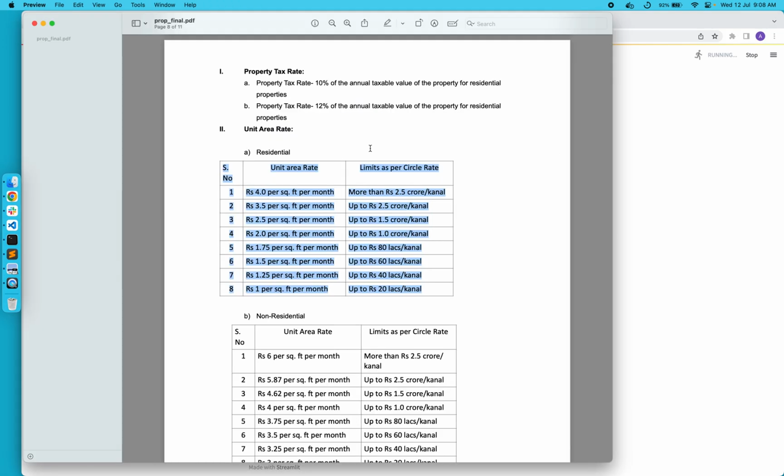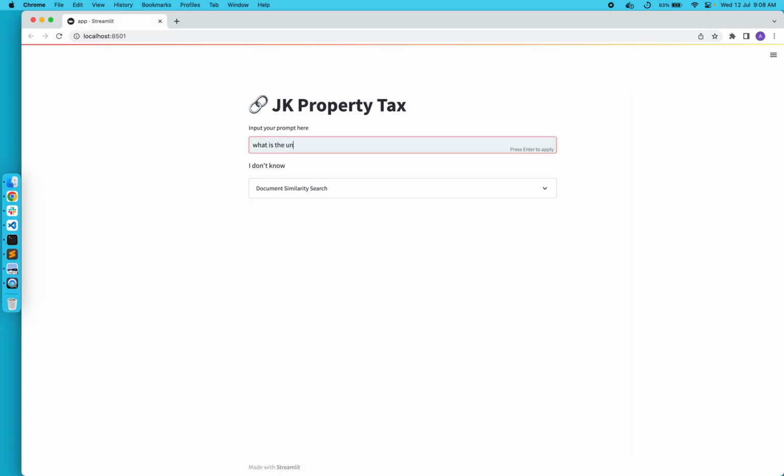As a general user, the user interface will be like they'll try to ask something, either they get the answer, or if they don't get the answer they can keep asking more, right? So let's say as a user I'll just ask what is the unit area rate of a residential property.